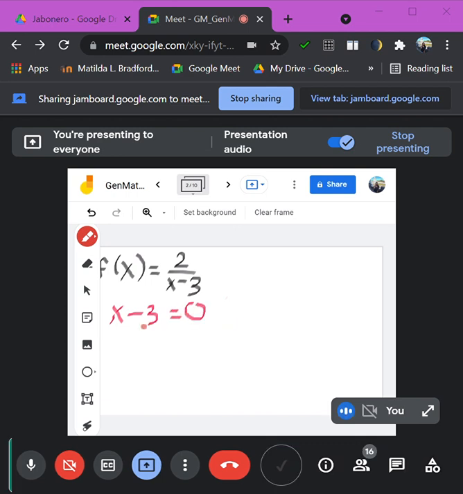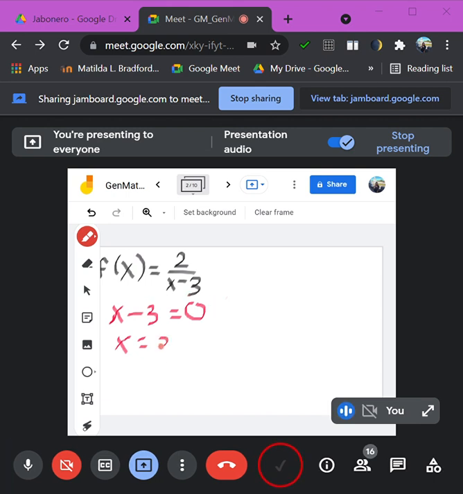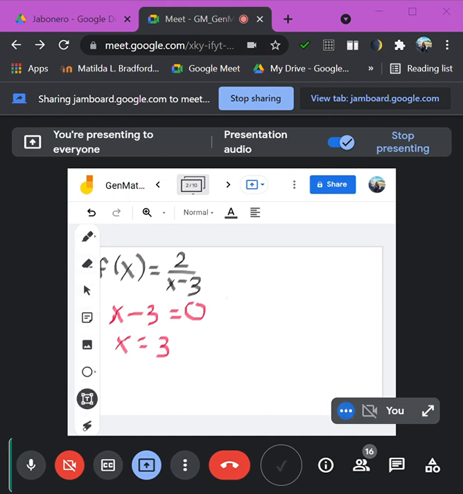Then you get the value of x. Transposing the negative 3 to the other side, it becomes positive 3. So x is equals to 3, and the domain of f of x is the set of all real numbers except 3. Okay? So you can write it as follows.